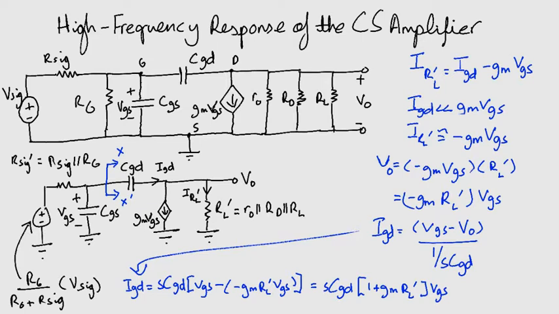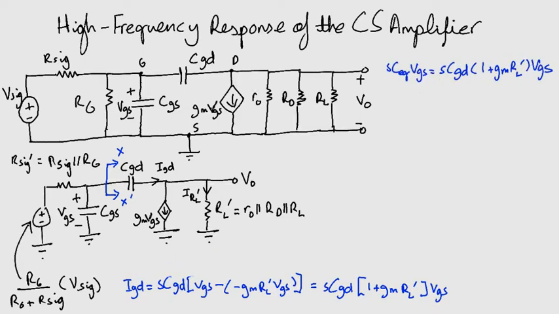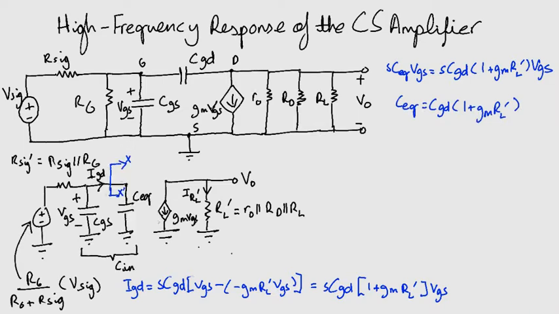Therefore, we can replace CGD by an equivalent capacitance C equivalent between the gate and ground as long as C equivalent draws a current equal to IGD. Let me write this expression on your top right. This can further be simplified. Now let me draw this on the circuit, correct?